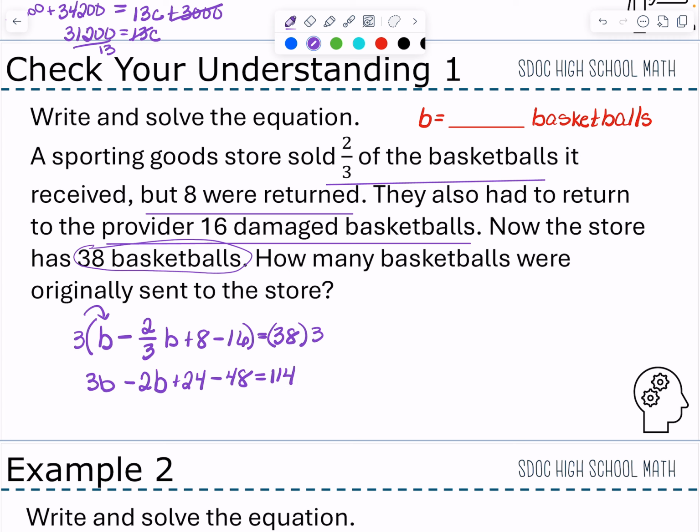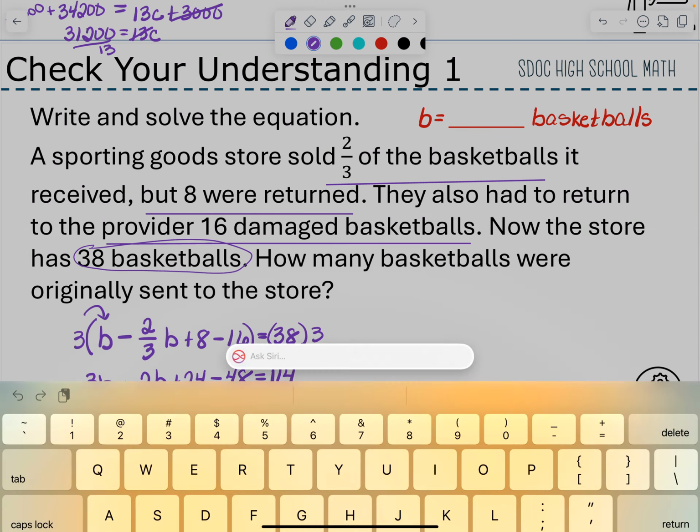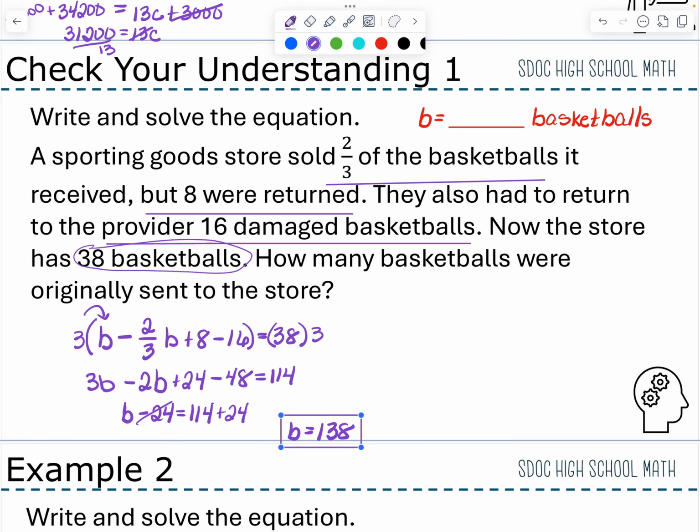Now 3b minus 2b gives me b. 24 minus 48 is negative 24 equals 114. Now adding 24 to the other side, I get b equals 138. Okay, oops. All right, that is that one.